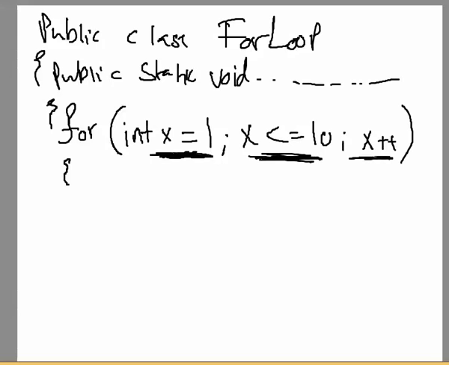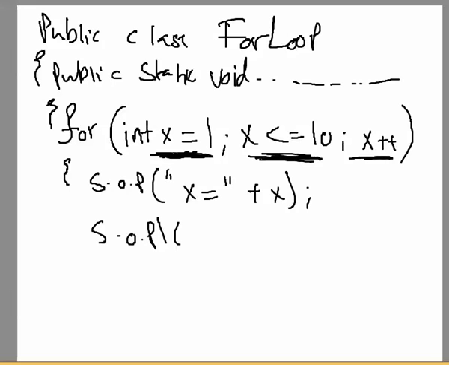Now, what you can do is go to the body of the for loop and say, for example, System.out.print x equals plus x, then you can say System.out.println, so it will print a line for you. Okay, very easy, right?